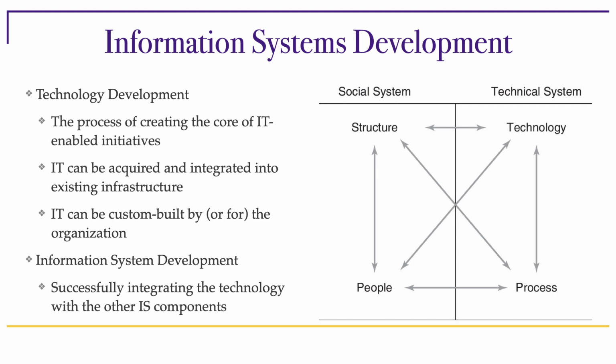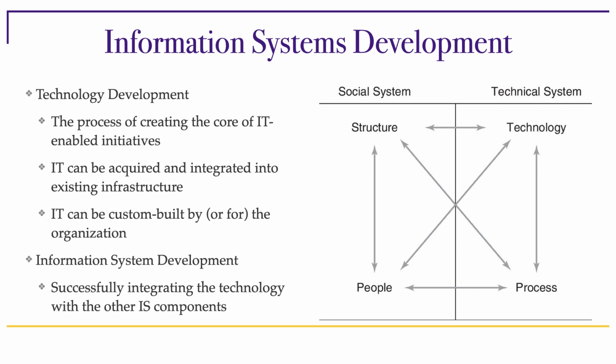That technology can be acquired and integrated into the existing set of systems and infrastructure of the organization, or it could be custom built, designed and built from scratch, either by the organization, so that's internal development, or for the organization, that will be outsourced development.